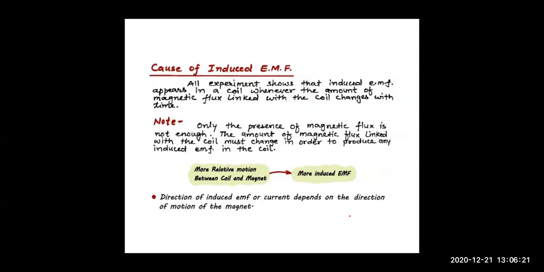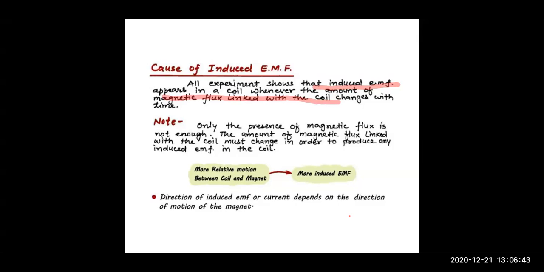We are changing the magnetic field lines, the magnetic flux that is passing through the coil. So what is the cause? Induced EMF is produced whenever the magnetic flux linked with the coil changes with time.